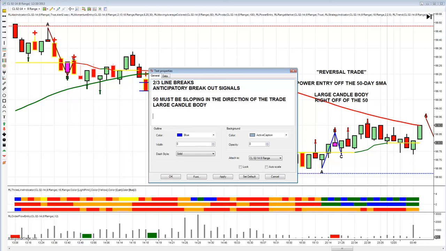The 15 and the 50 must be in the direction of the trade. And you want a large candle body off the 15.